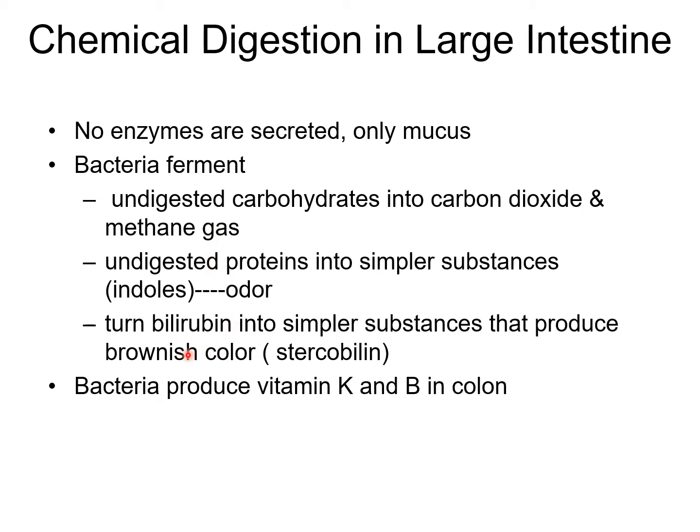And here's a little more specific example. Bilirubin, and we looked at this in the blood chapter, this greenish substance, is turned into a brown color, stercobilin, which gives our fecal material this typical brown color.